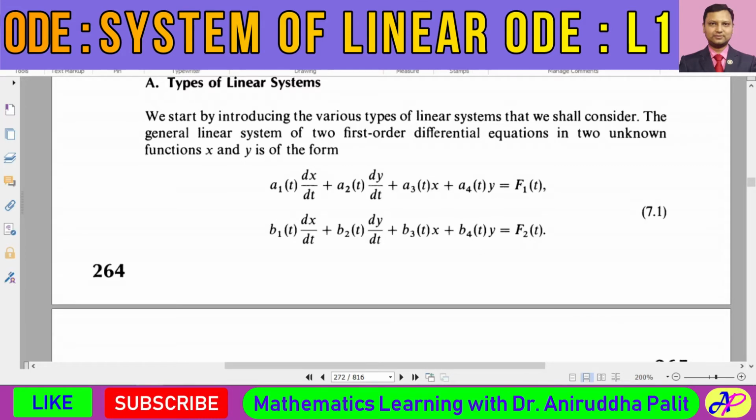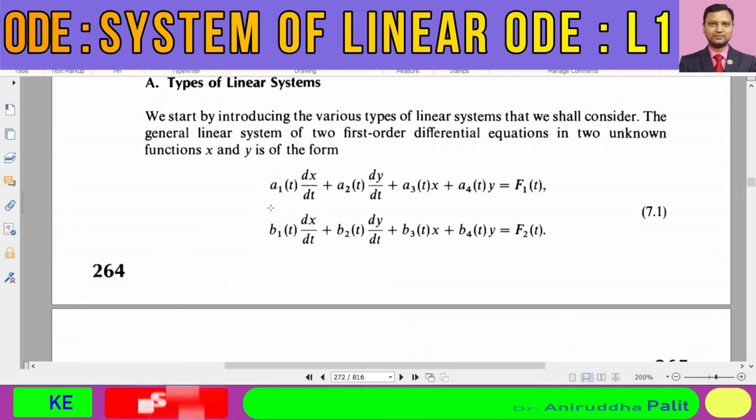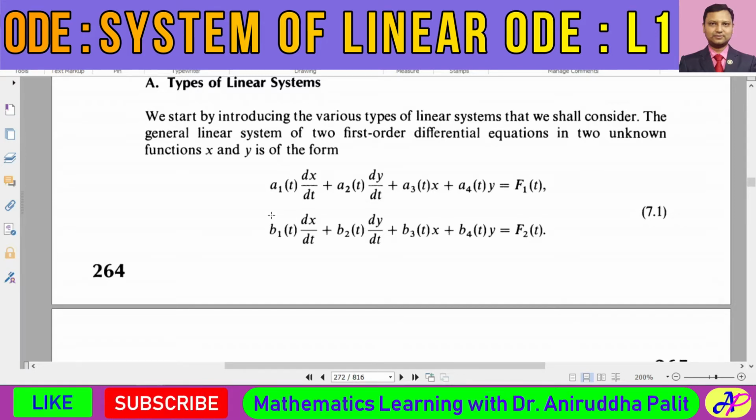We know that a differential equation is actually an equation involving a dependent variable.